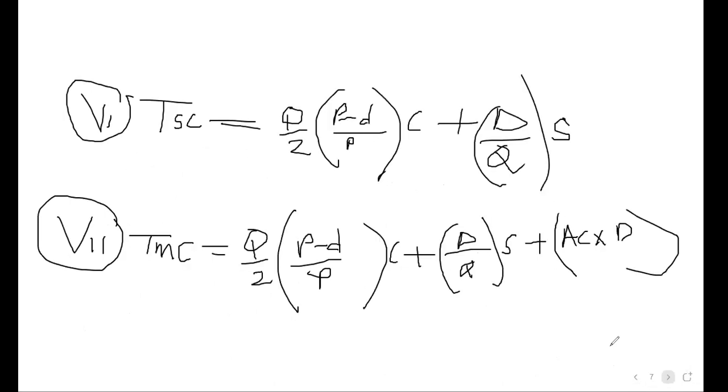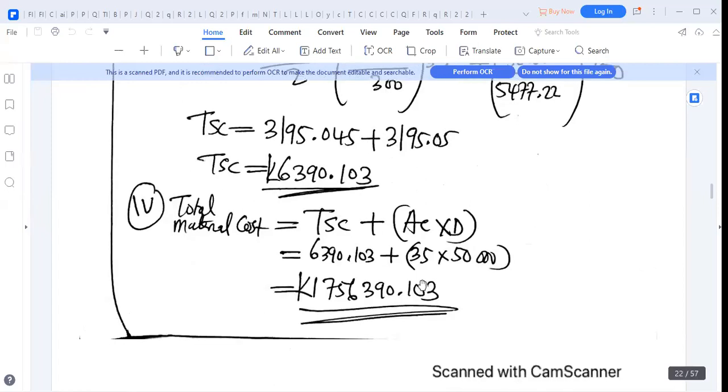You just substitute for the total material cost and total stocking cost. These are the formulas: annual carrying, annual ordering, and the unit price multiplied by annual demand to find the total material cost. So here the total material cost came to 1,753,390.103.